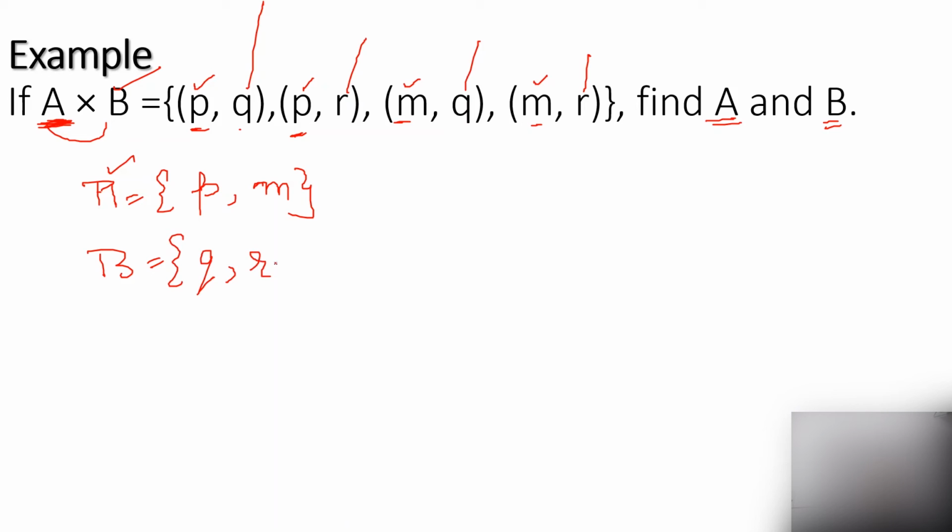It means Q and R. There are two elements in set A and two elements in set B.